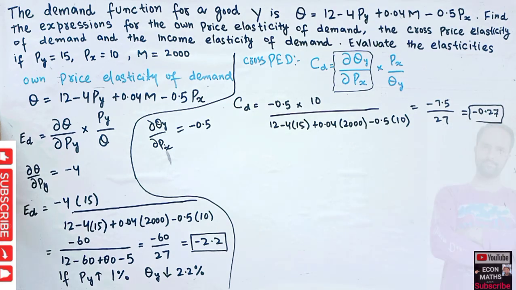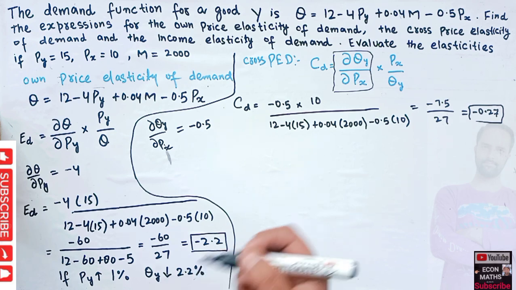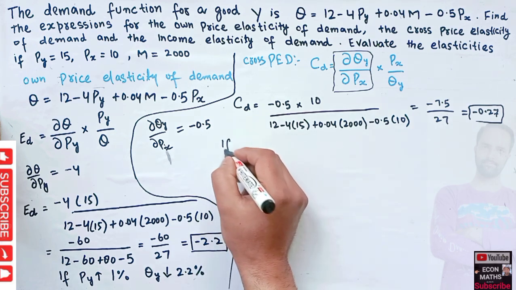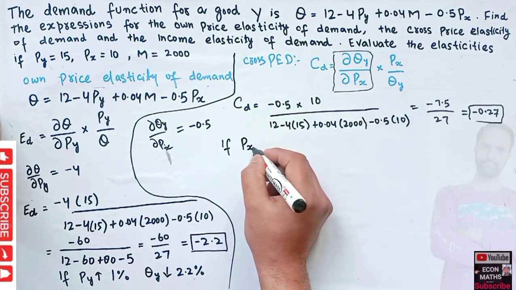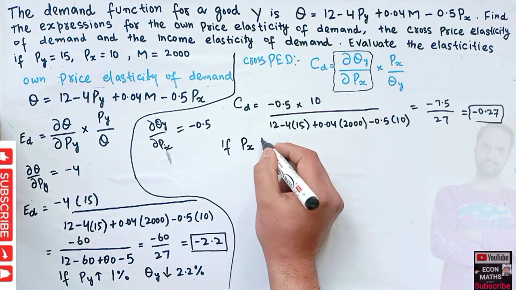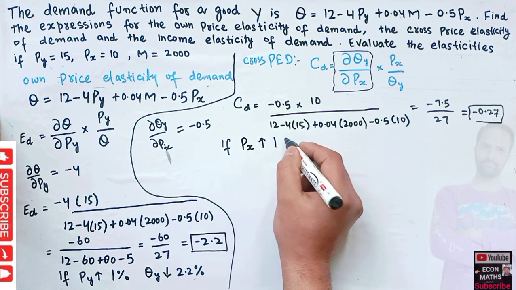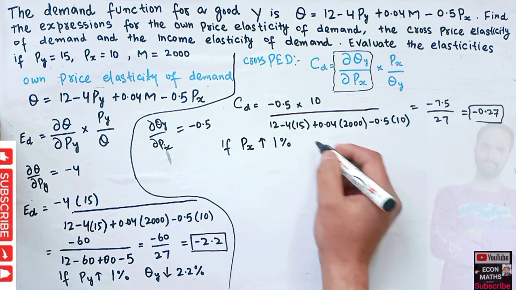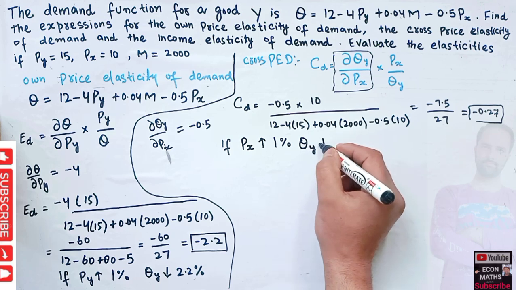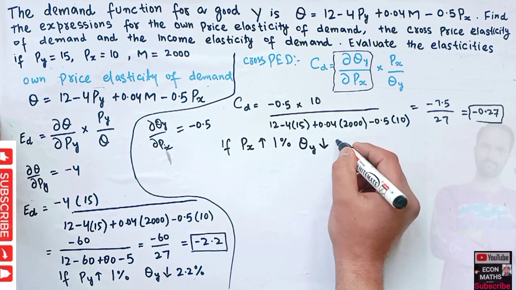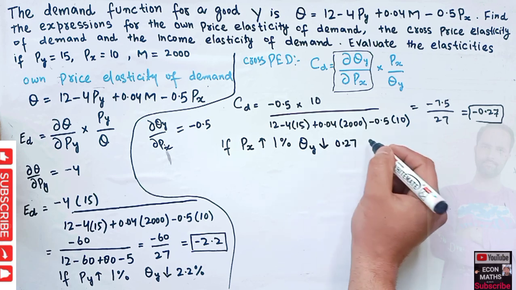So this is our cross price elasticity of demand. And what does this tell? It simply tells us if the price of good X, let us say, increases by 1%, the quantity demanded of good Y will decrease by 0.27%.